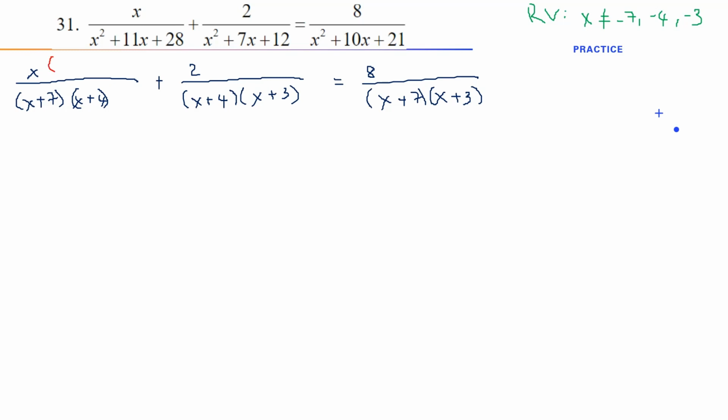The least common denominator is x plus 3, x plus 7, x plus 4.